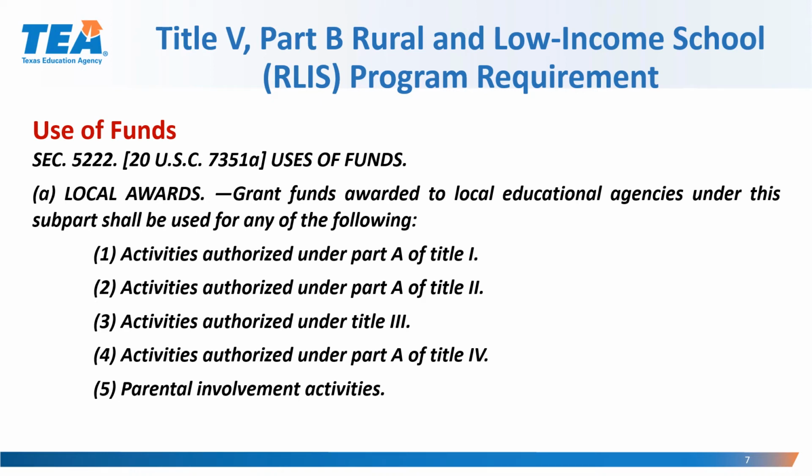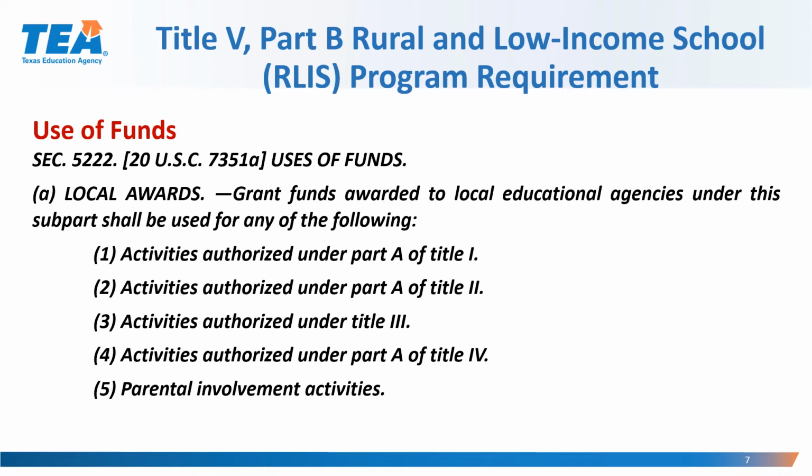For this random validation, we will be looking at the use of funds portion of the Title V Part B Rural and Low-Income program. This can be found in Section 5222, 20 USC 7351A, Use of Funds. And this states, local awards.